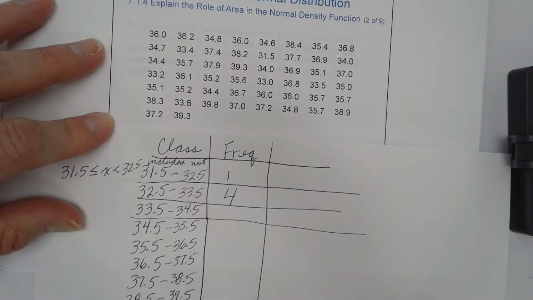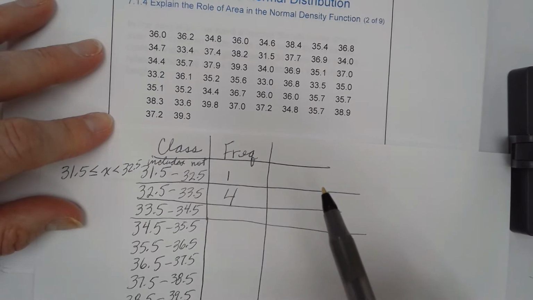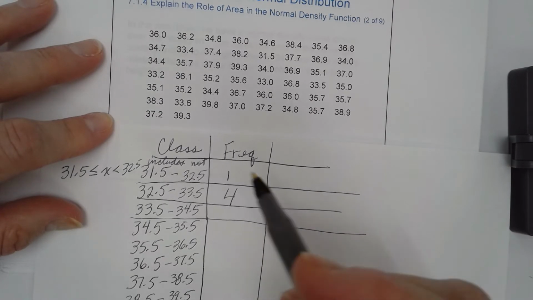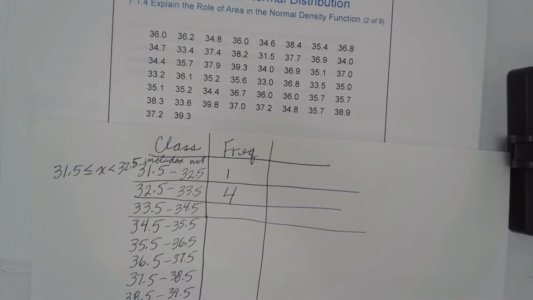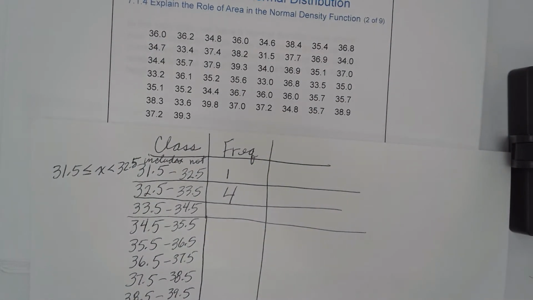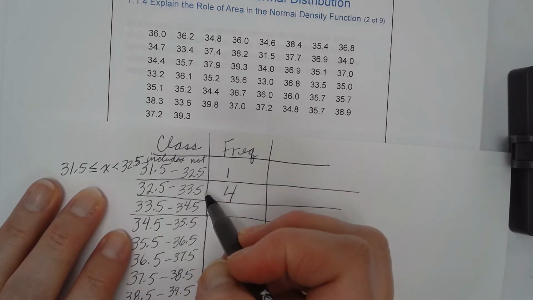Wouldn't it be 31.5 to 32.4? Or is it because it's a histogram they're touching? It's because it's the kind where it's touching, because it's continuous. If I put 32.4, then where does 32.499 go? Nowhere.